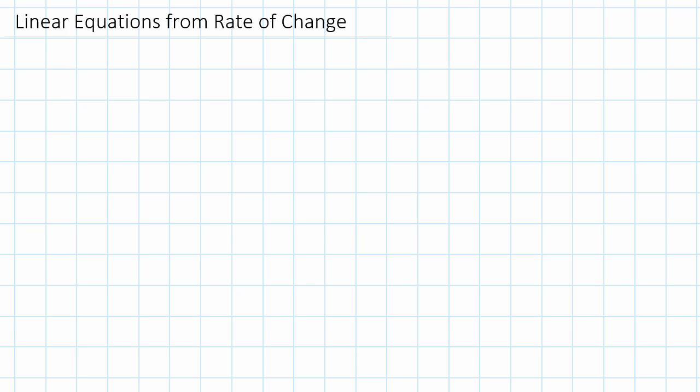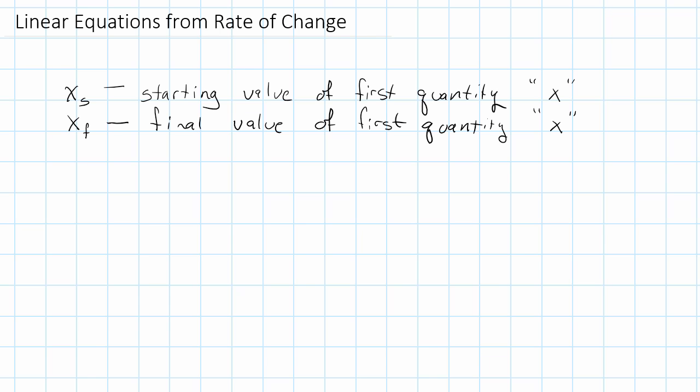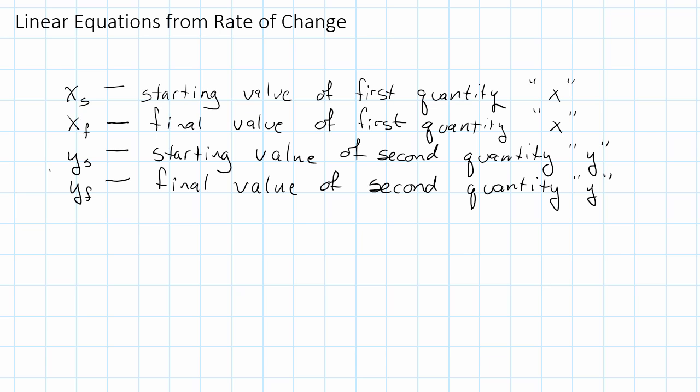Okay, when we're working with a rate of change, there are 5 quantities that might possibly interest us. The starting and final value of our first quantity, call it x. The starting and final value of our second quantity, and r, the rate of change.